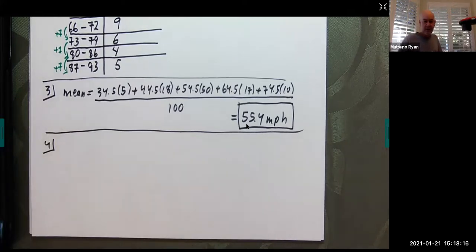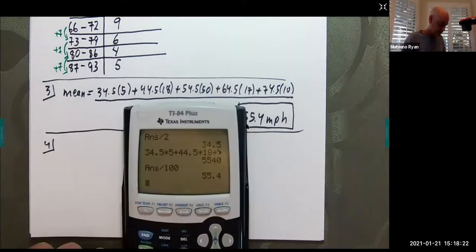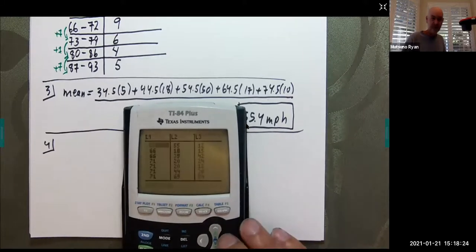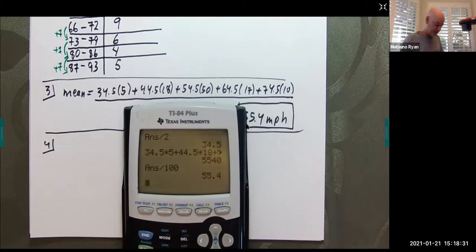Number 4. We have 7 quiz scores, and I've already put this into my list, so you may want to pause it to put these numbers into your list. This is my list 2. You can see 55 and 18 and so on. So mine is in list 2, and so what I'm going to do to find the standard deviation is I'm going to hit stat.